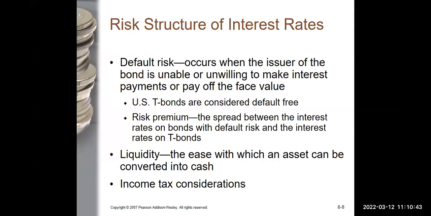Similarly, when you look at the risk structure of interest rates, liquidity is also a condition that defines what kind of return you will get on the bond. Liquidity is the ease with which an asset can be converted into cash. Another consideration for interest rates on bonds is income tax considerations. For example, when you invest in certain kinds of investment plans, the government generally gives you tax rebates. Not a tax holiday.